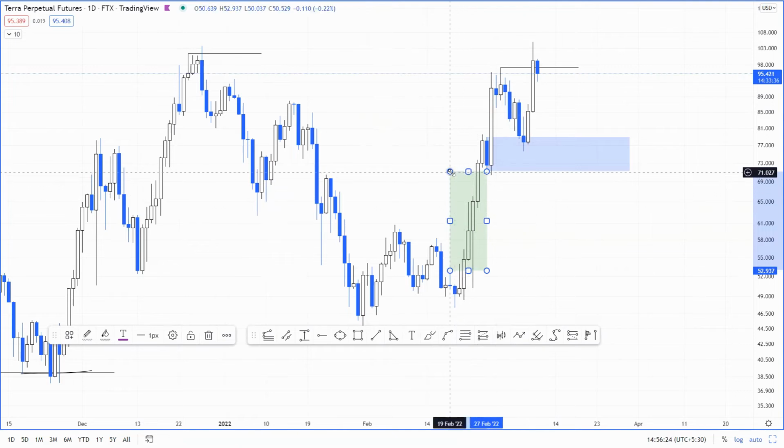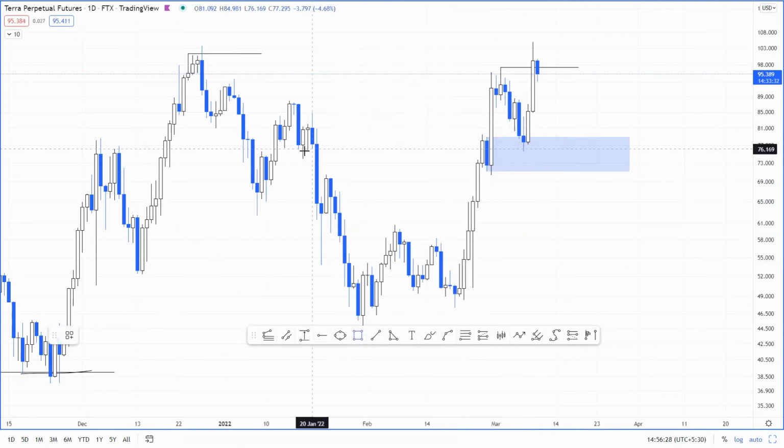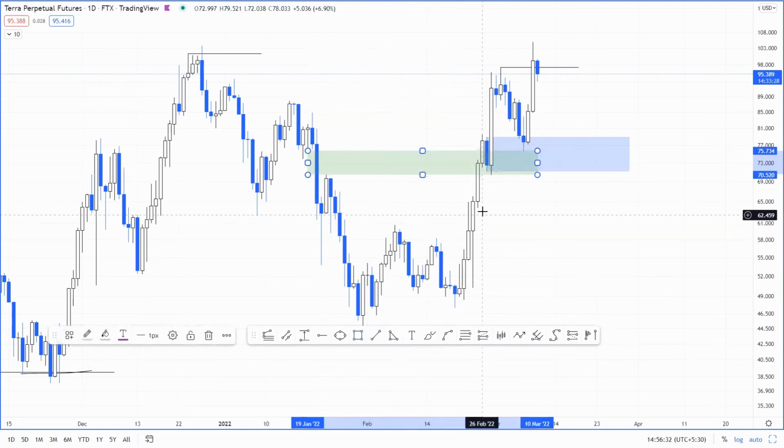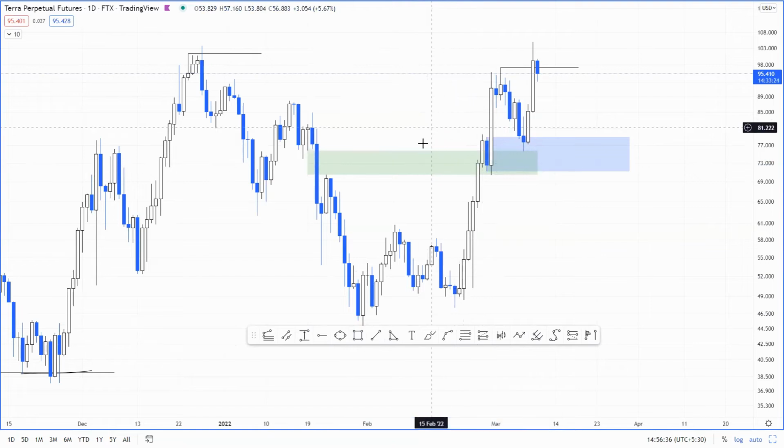So I'm not going to consider this. This would have been a really good FVG. From here to here was a good FVG, which the price filled after it bottomed somewhere here and then went higher, right?